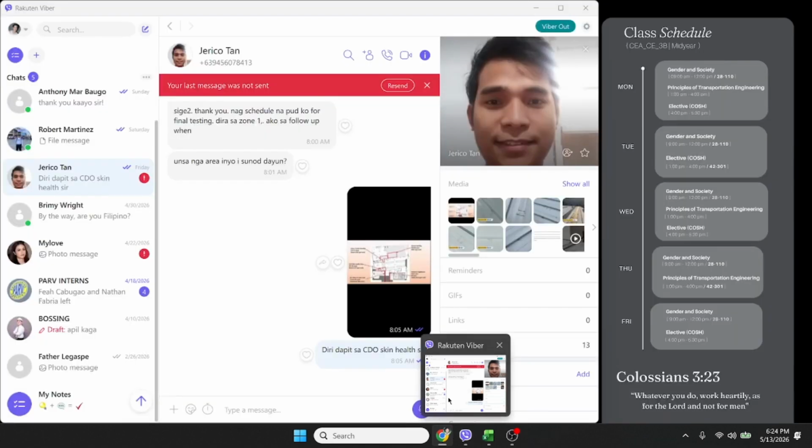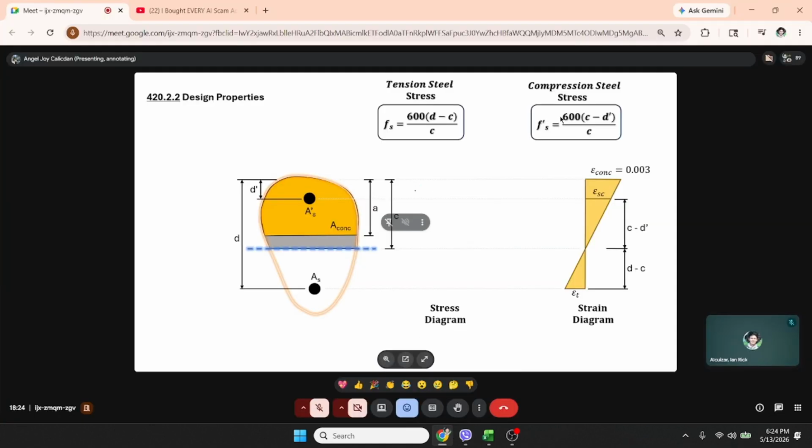So, after the strain diagram, we'll discuss the stress diagram. Earlier, according to the code, you have an equivalent concrete stress block of 0.85 f'c. And to get the force, it is just stress times area. So first the stress 0.85 f'c, then times the area of concrete, this yellow portion.